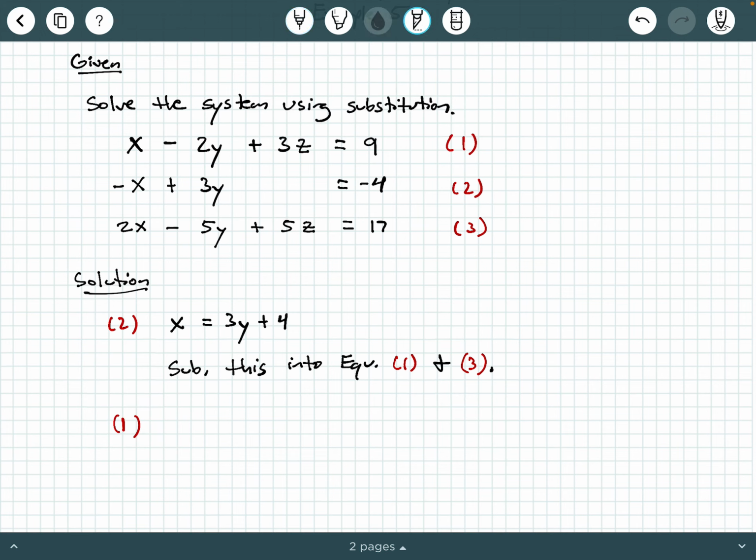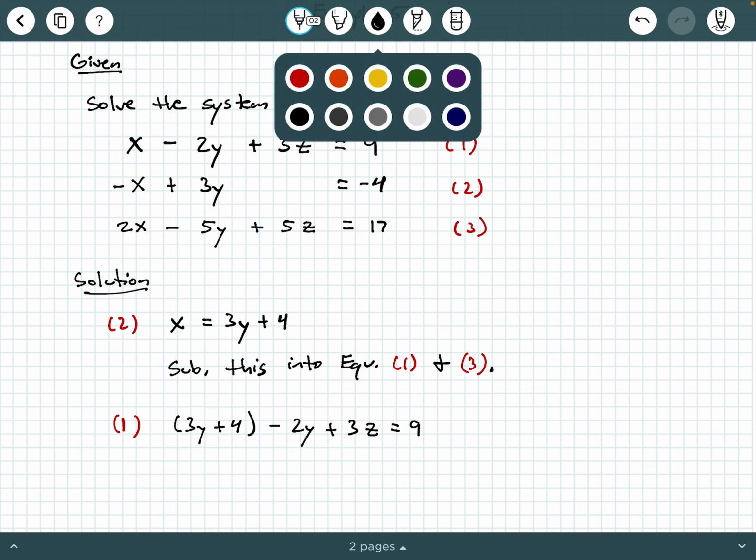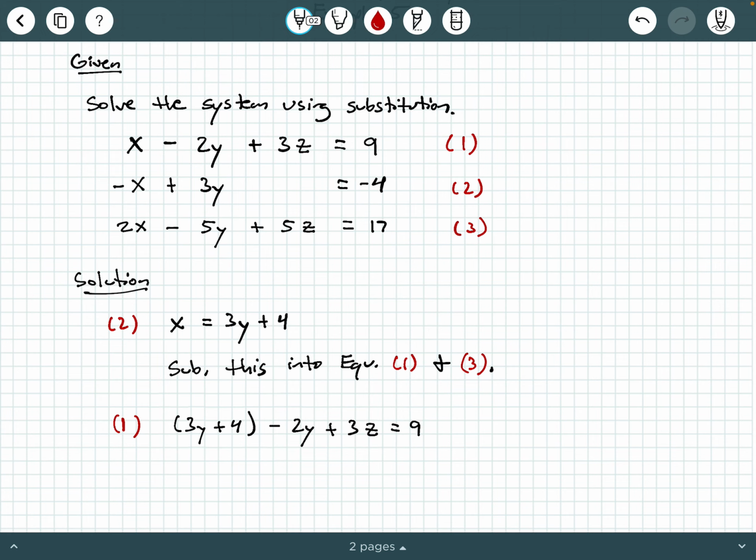Where we have the x in equation 1, we are going to replace that, or plug in, 3y plus 4. So I'm going to say 3y plus 4 minus 2y plus 3z equals 9, okay? So that's my new version of equation 1. And in a similar way, I'm going to get a new version of equation 3 by doing the following.